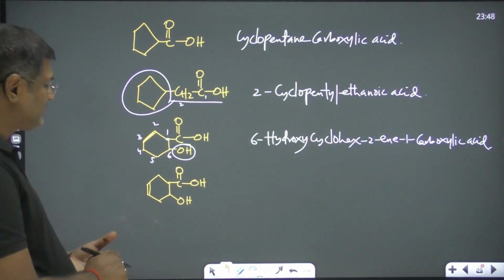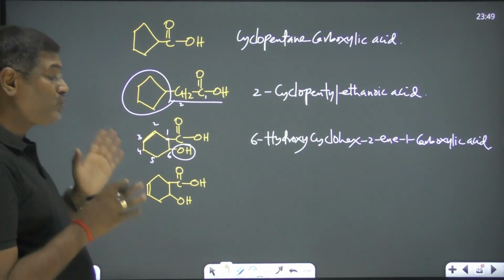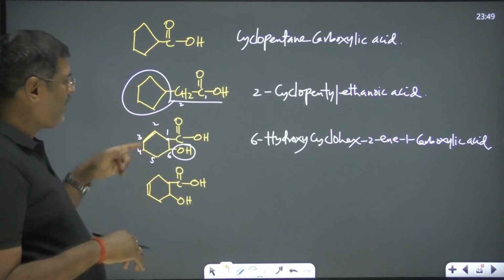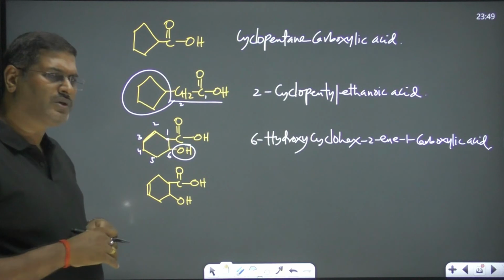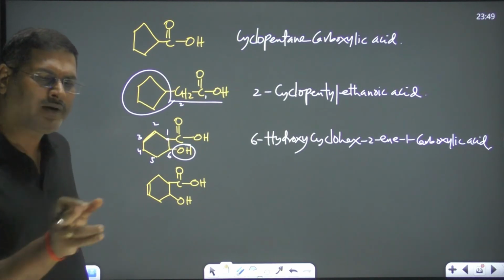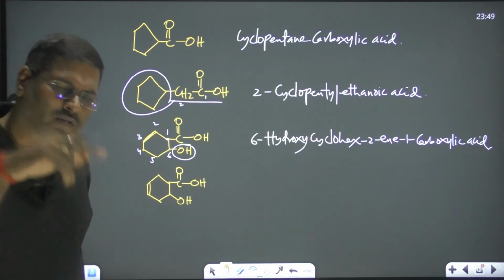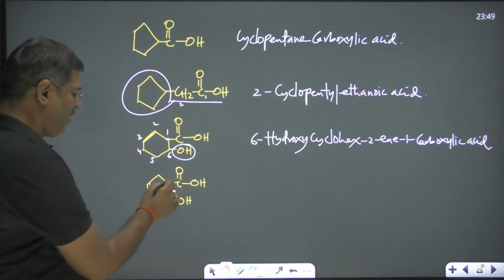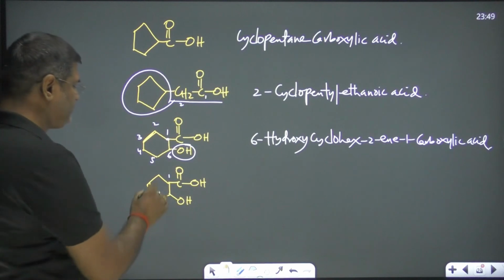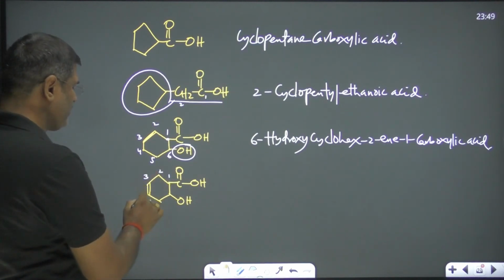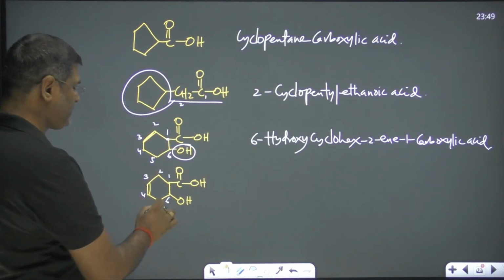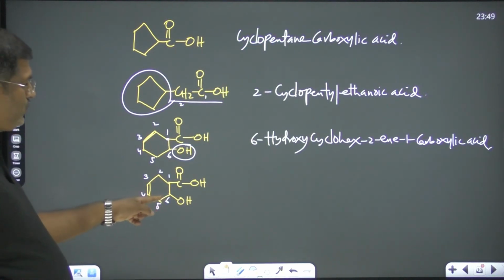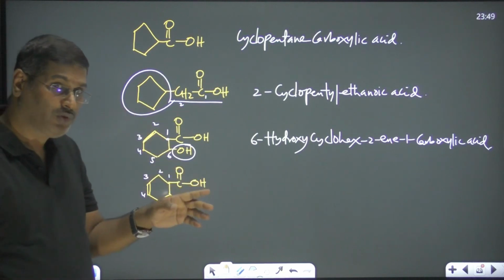What about this case? In this case, you may sometimes have an excuse: sir, both are on the same position, that's why we have given it. Even if these two are not on the same position, the double bond only will be given priority, right? So this one is 1, this one 2, 3, 4, 5, 6. If we take this way, the double bond is coming on the fourth position.